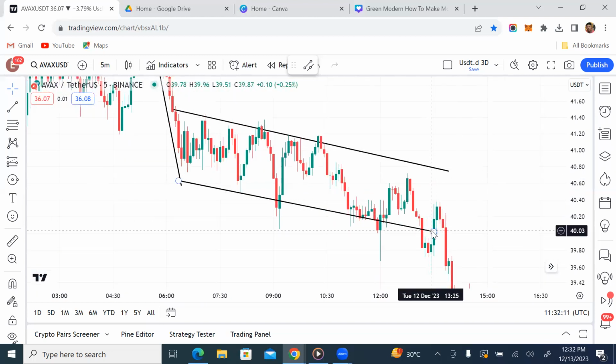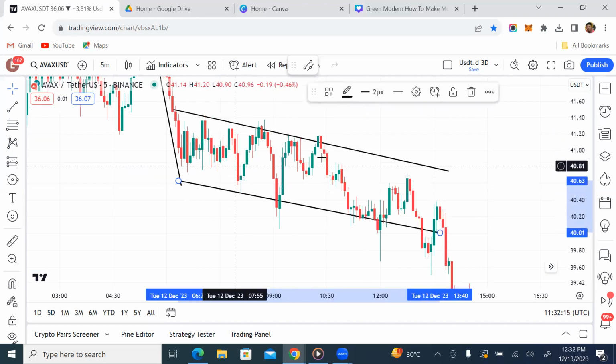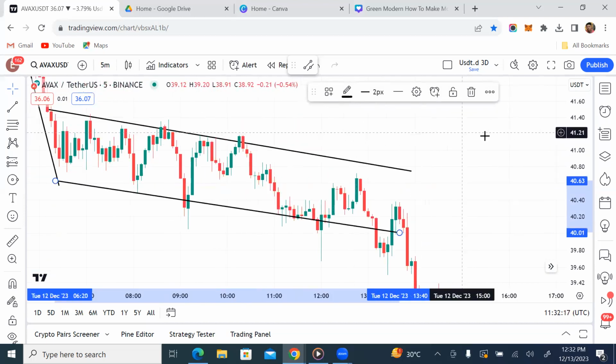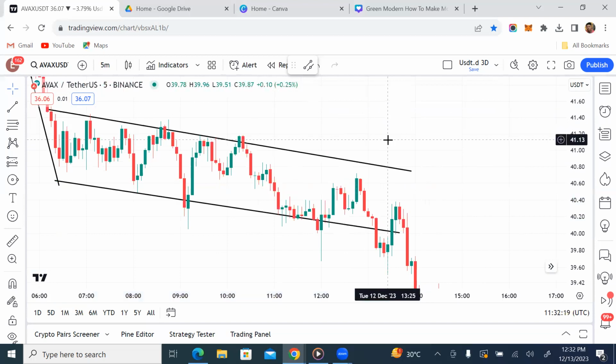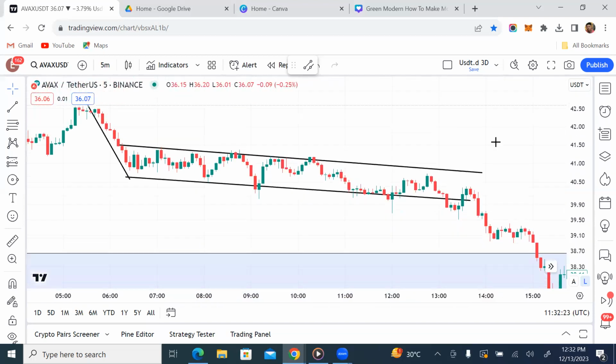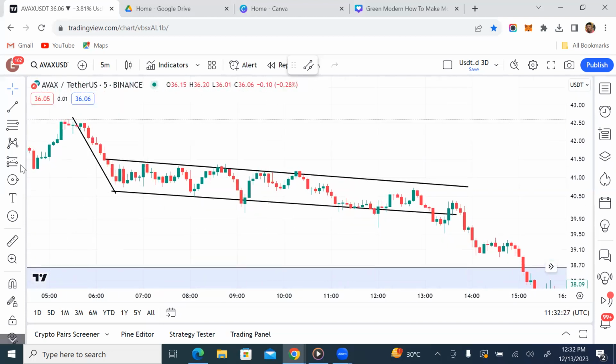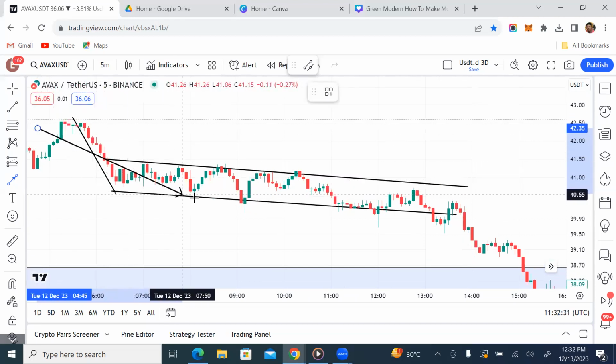Look at this. This is a classical distribution model. From this chart here, you can easily see that price made an impulsive move to the downside and consolidated.